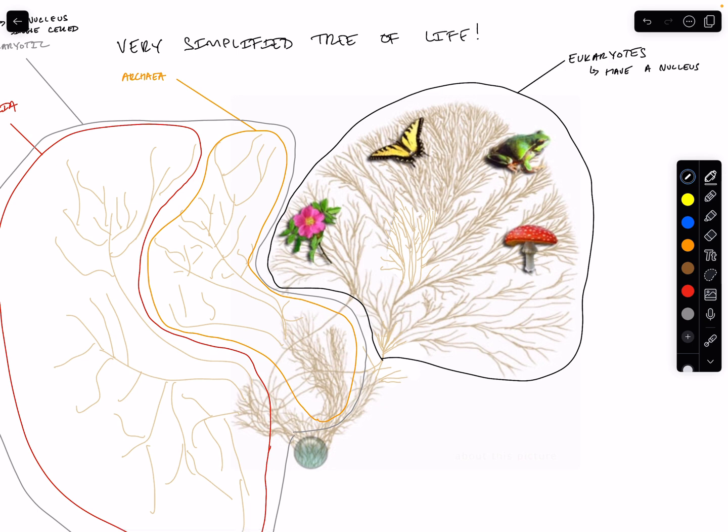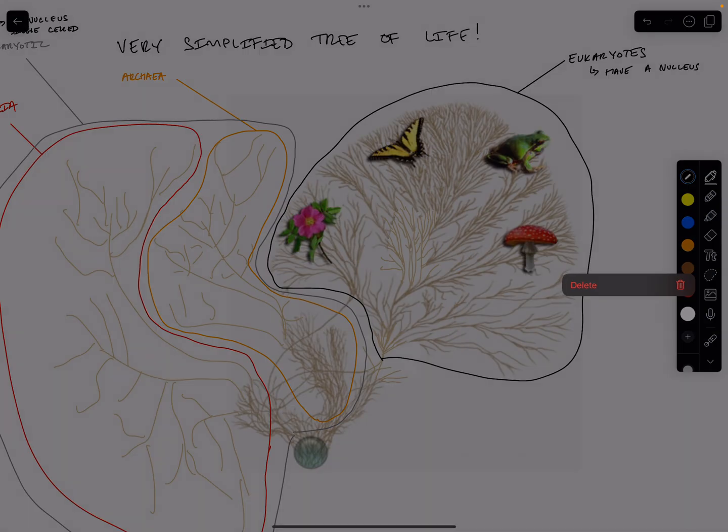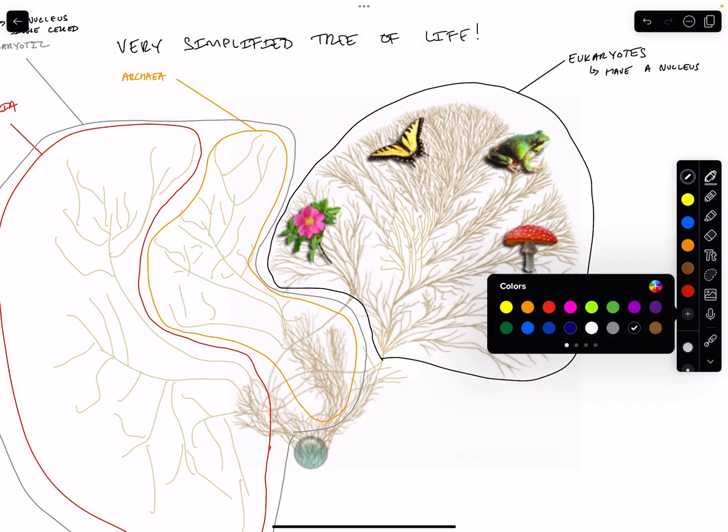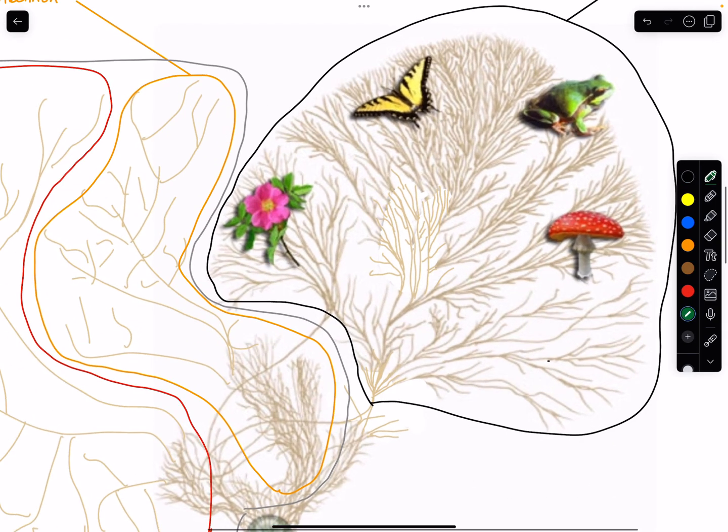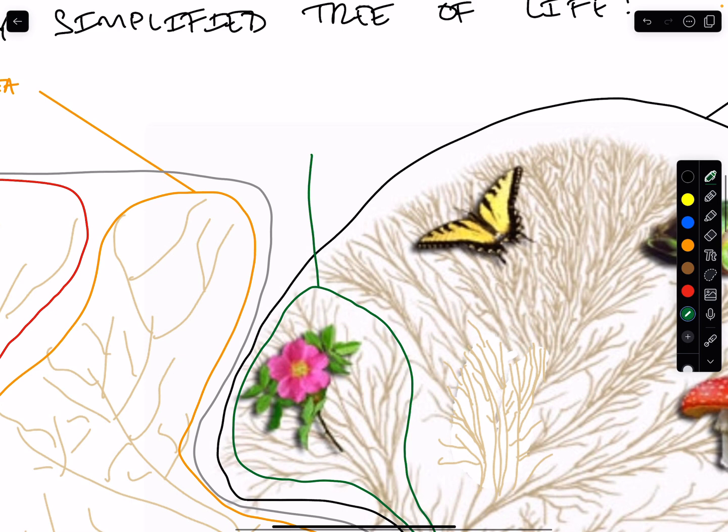And within the domain eukaryote, we have 5 different, they're called kingdoms, and most of them you're probably familiar with already. So the first kingdom is the plants. Here we have the plants or plantae, but we're just going to write plants.